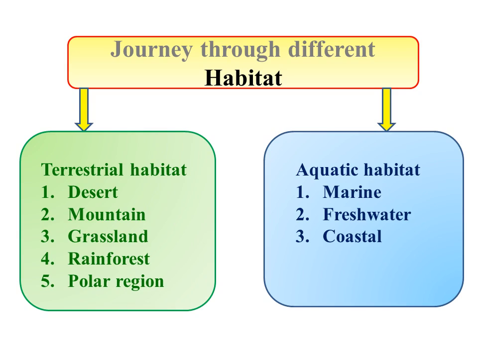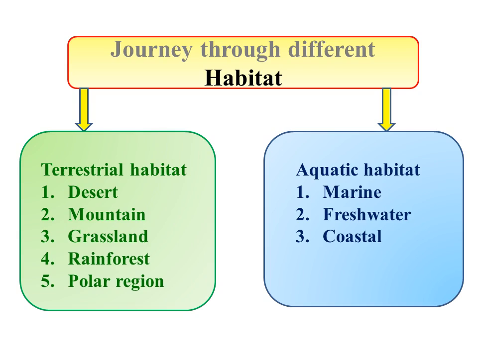Terrestrial habitat means the organisms that live, grow and propagate on the land are called terrestrial organisms, and their habitat is known as terrestrial habitat. Such as man, tiger, tree are terrestrial organisms, and the habitats include desert, mountain, grassland, rainforest, polar region. These are all under terrestrial habitat.